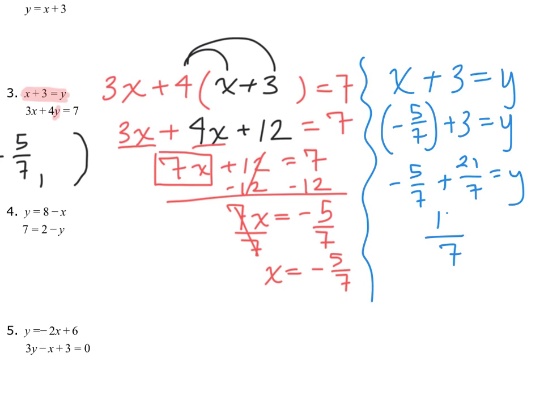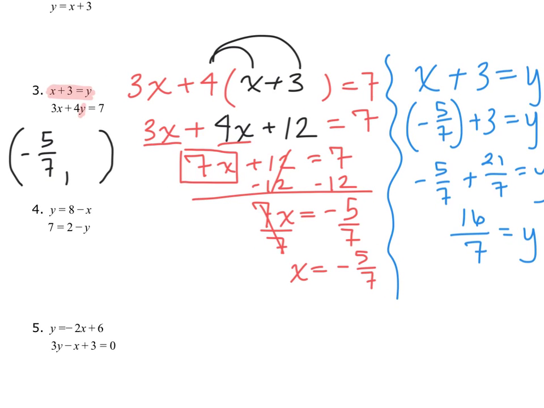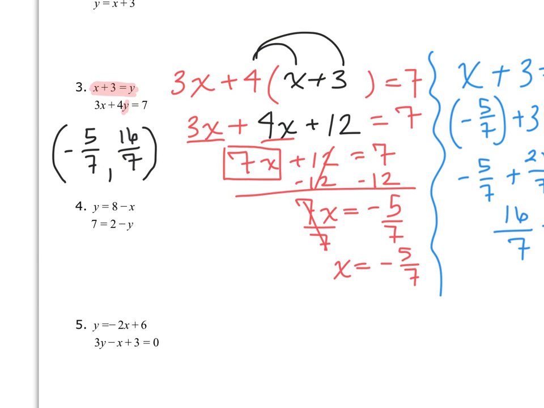So that's going to be positive 16/7 is equal to y. So my solution for this system will be negative 5/7 and positive 16/7.